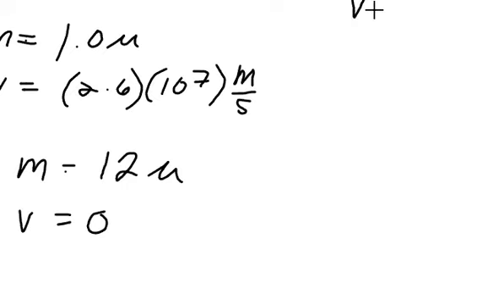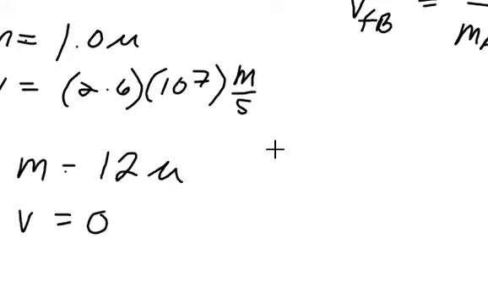So the velocity final of B equals 2 times the mass of A, divided by mass of A plus mass of B, and then that's times the velocity initial of A.